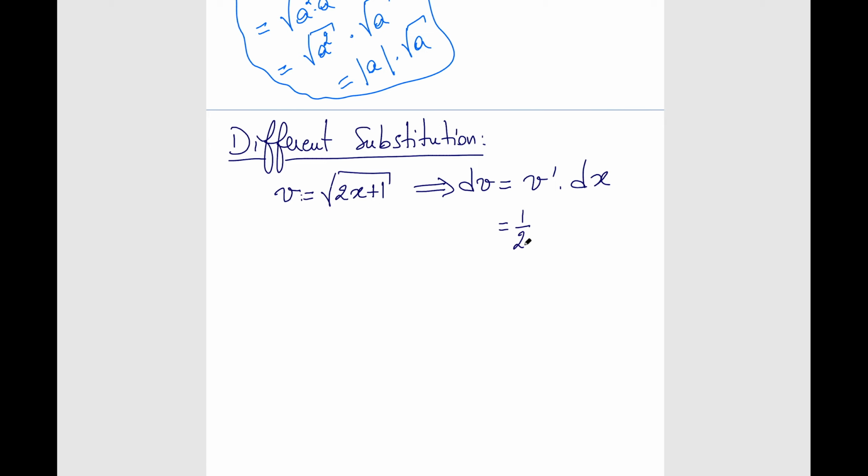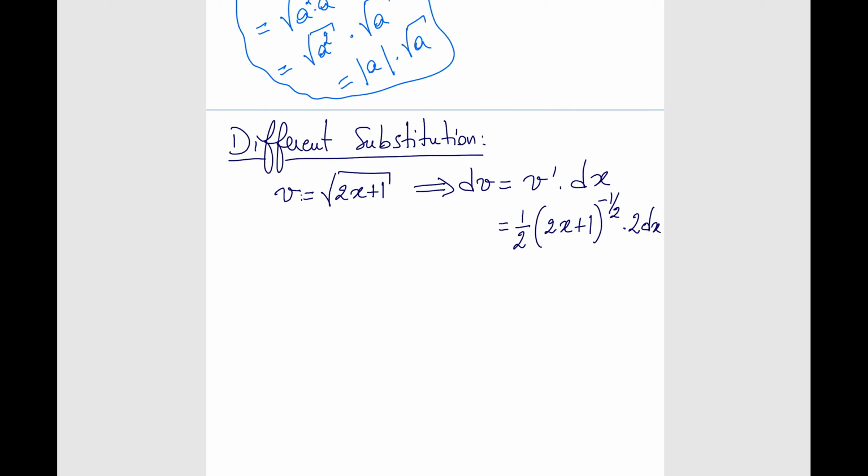It's going to be half times 2x plus 1 to the power half minus 1, so minus half, times the derivative of 2x plus 1, which is 2, times dx.